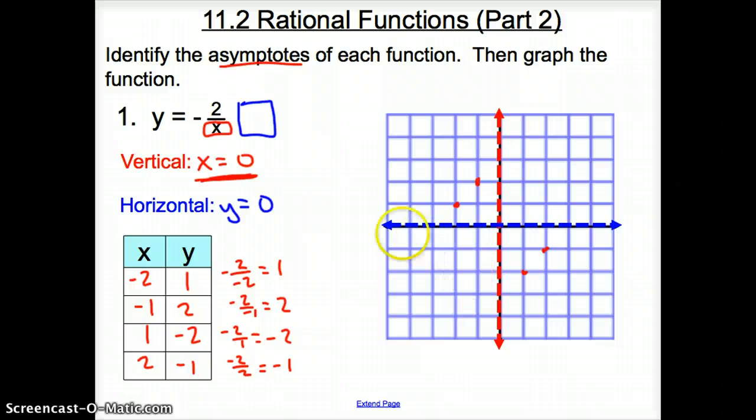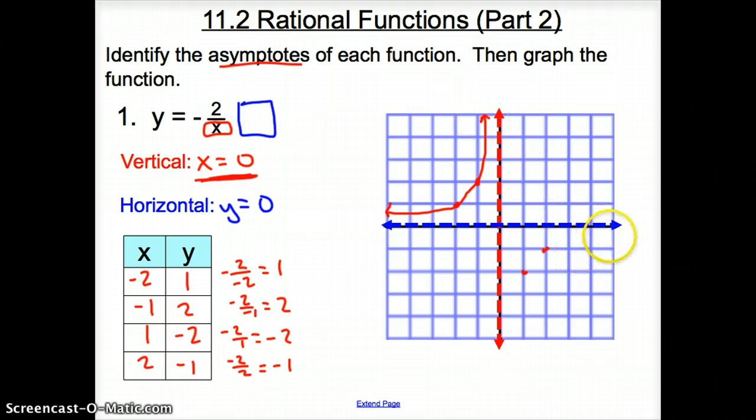Remember, these red and blue dotted lines are asymptotes. What we cannot do is cross the graph over them. So here are my 2 dots, and remember with rational functions, with inverse variation, they are curved lines. I'm going to start up here and work down towards my 2 dots, and then bend my line closer and closer to that asymptote.